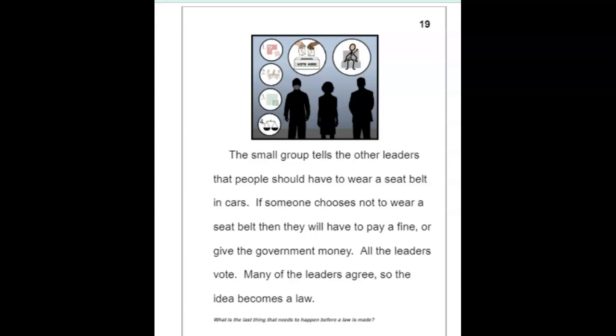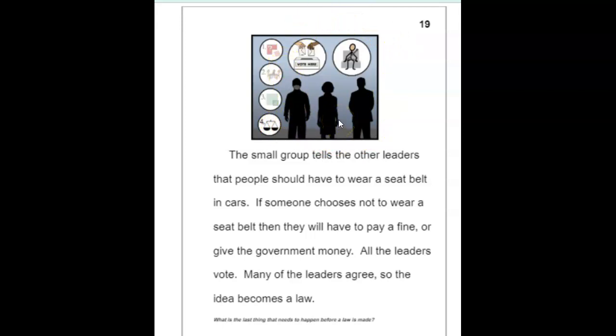My question for this page is, what is the last thing that needs to happen before a law is made?